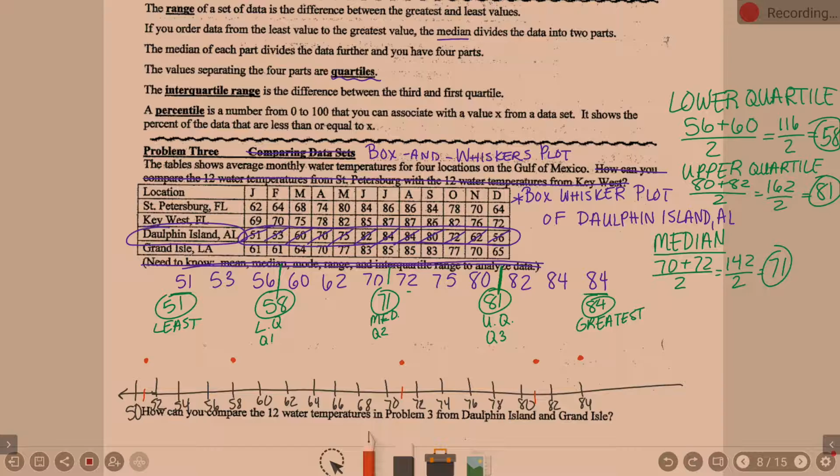The middle three dots, your quartiles, so your median and your upper and lower quartiles. I guess I had you guys put dots. You can also make those lines. Those are going to form my box. So the left end of my box is at 58. I'm going to have a line inside my box at 71. And the right end of my box is at 81.